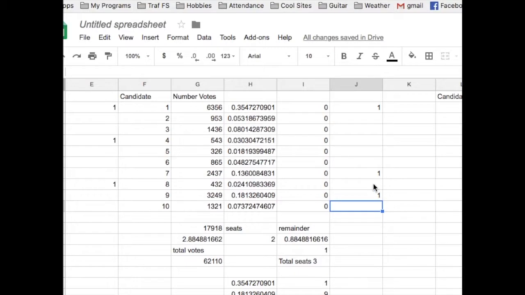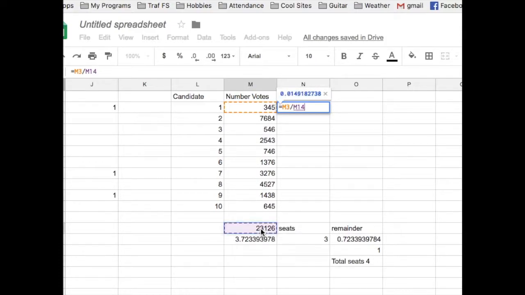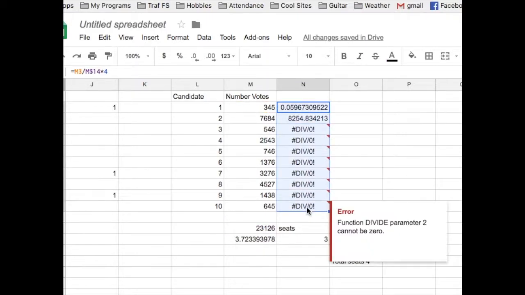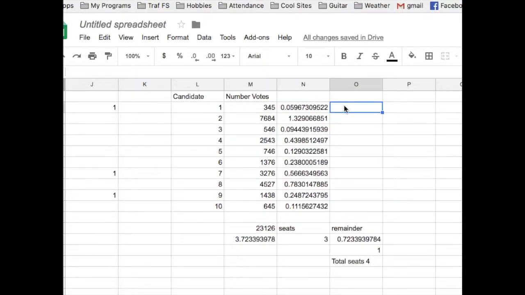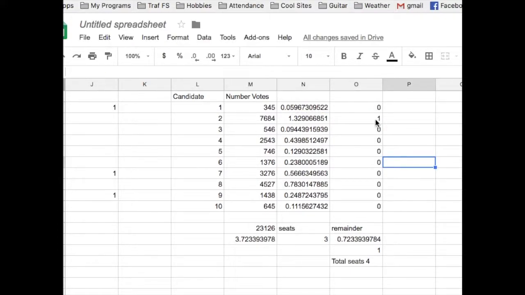Let's look at Party C now. Party C has 4 seats, so it's 345 out of the 2,316 votes times 4, because we're dividing the 4 seats up. Lock on to the M14, put a little dollar sign there between the M and the 14, and then fill that down. Now we do actually have whole numbers, and so the floor function will round these down. 1 seat is going to candidate number 2. Let's find the remainder.